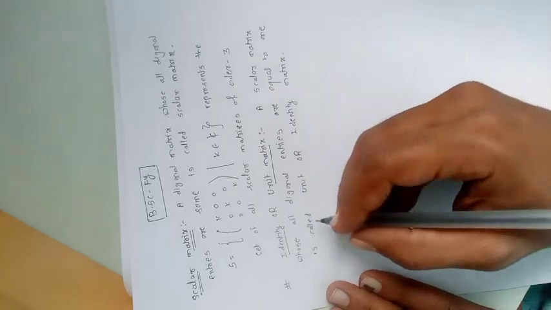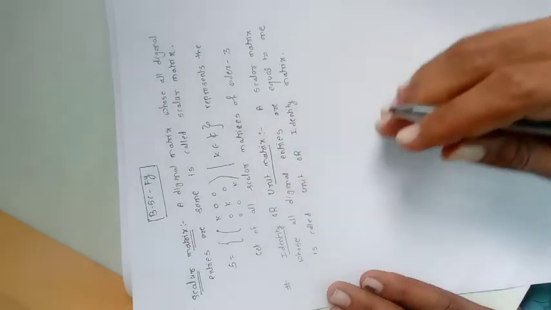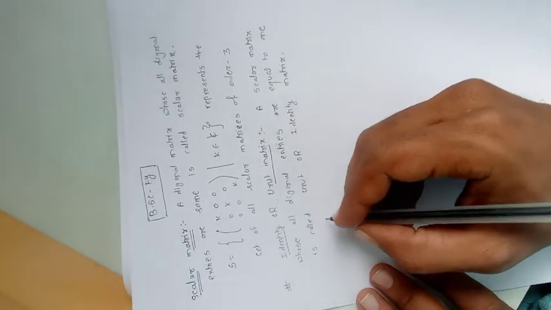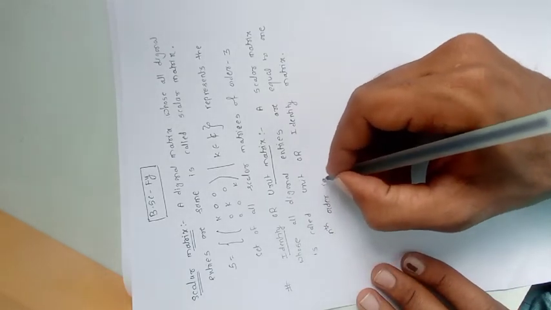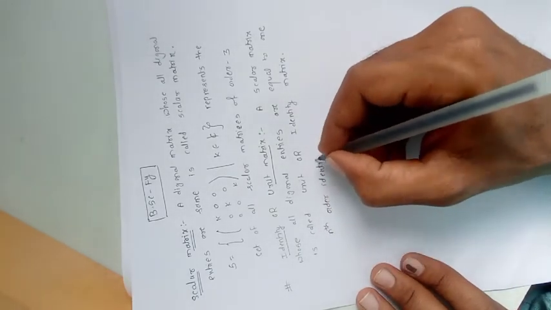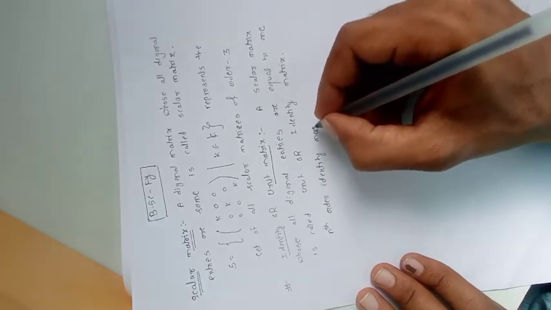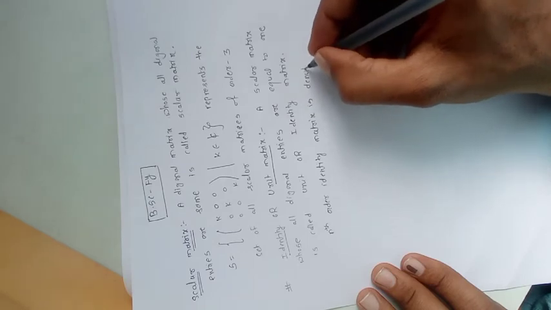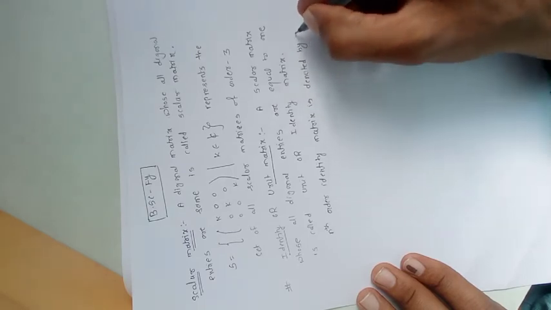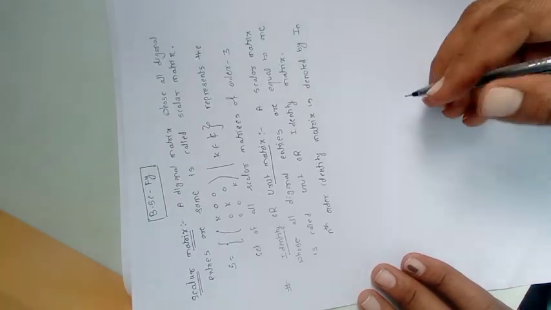So it is denoted by I_n. The nth order identity matrix is denoted by I_n.